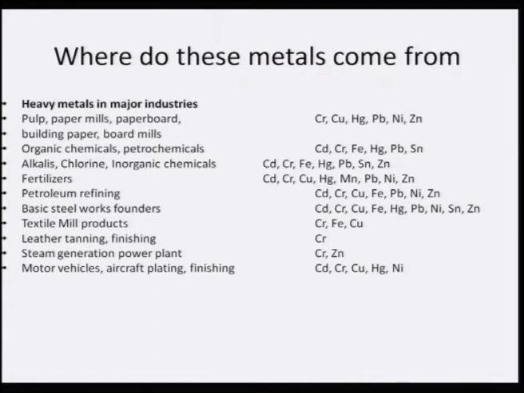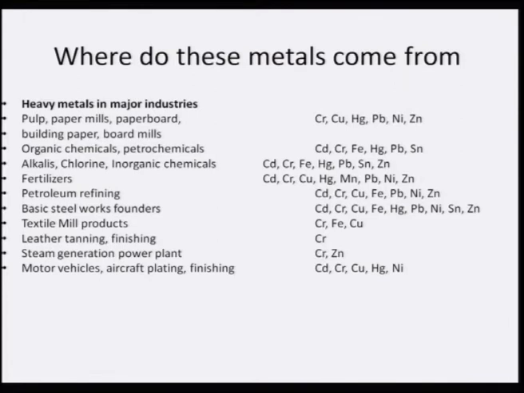Heavy metals come from major industries like paper, pulp, mills, paper boards, and metals like chromium, copper, mercury, lead, nickel, zinc come from there. Then building paper, paper boards also add on to metals.